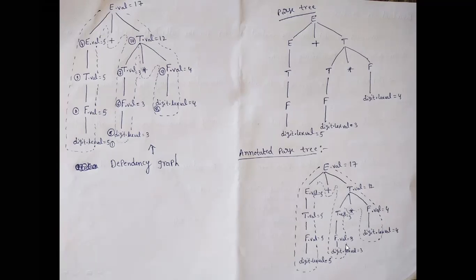So what is the dependency graph for the annotated parse tree? Here we have the parse tree and the annotated parse tree. Dependency graph means we specify the order of execution.